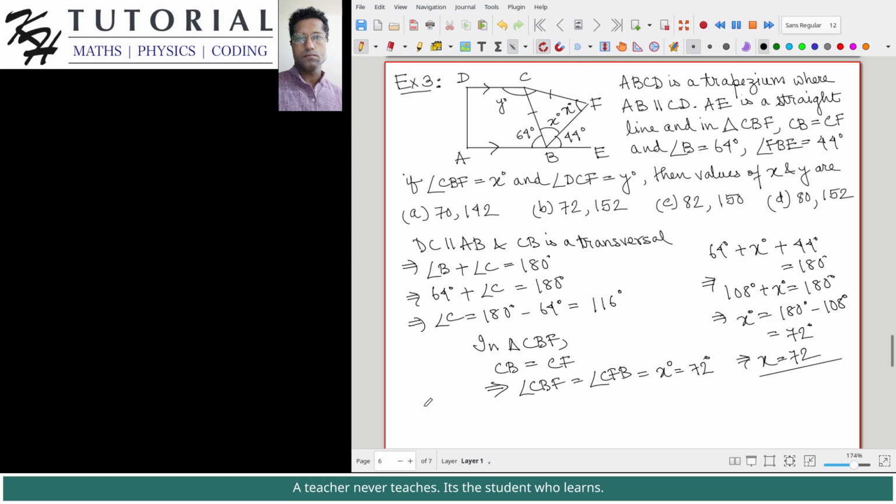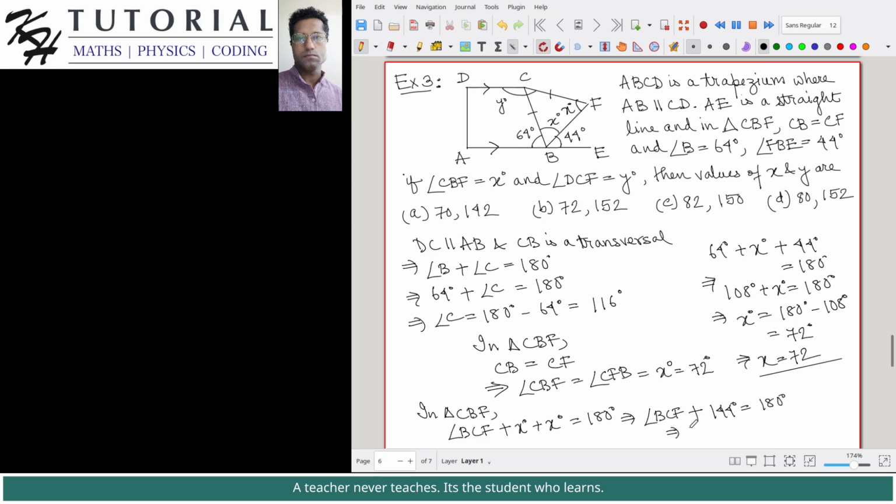Now in triangle CBF, applying the angle sum property, we will have angle BCF plus 72 degrees into 2, that is 144 degrees, equal to 180 degrees.